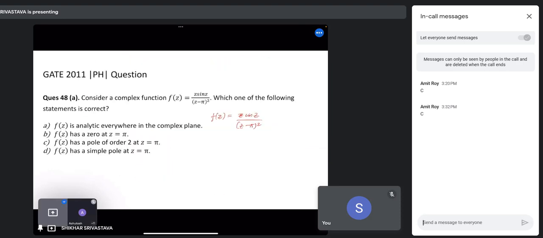Okay, so I'm not getting any answer, so let me solve this. Similarly, you could just put z minus pi is equal to t. So it will become (t plus pi) sine of (t plus pi) upon t square.